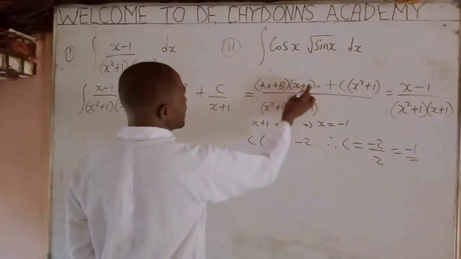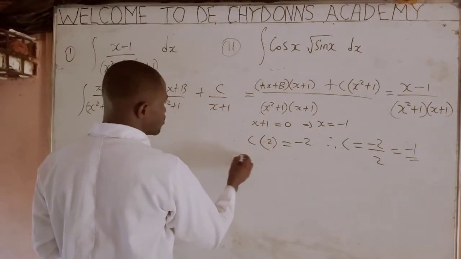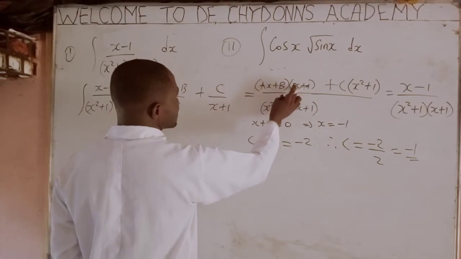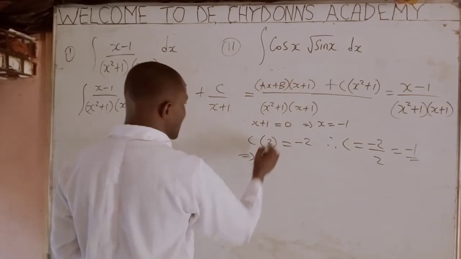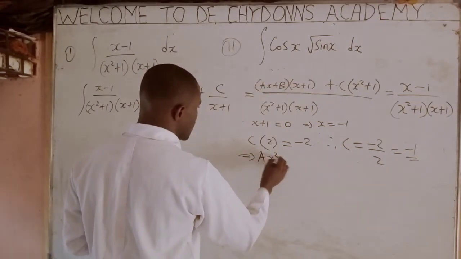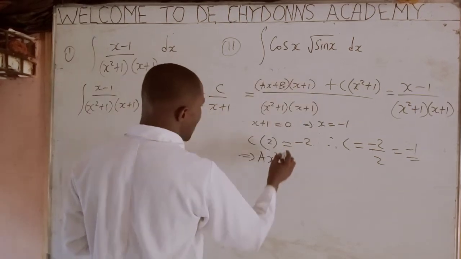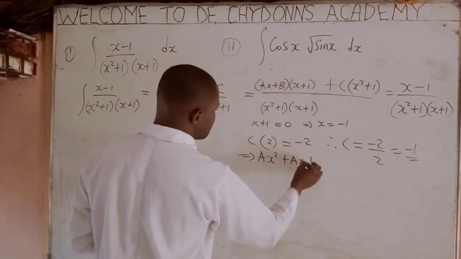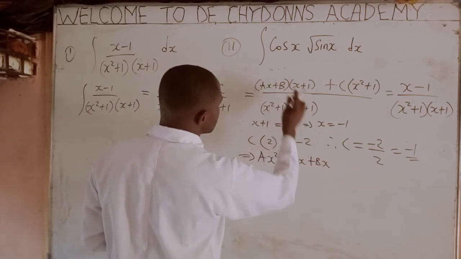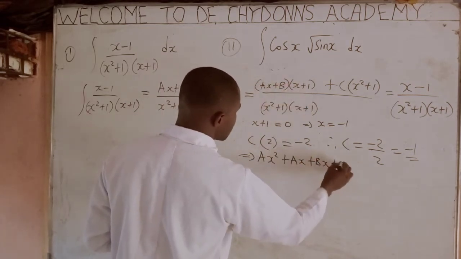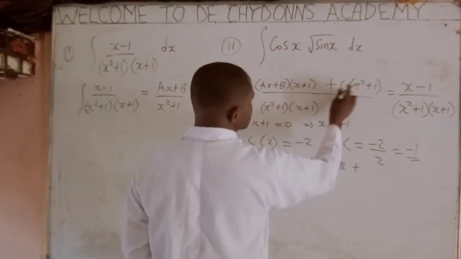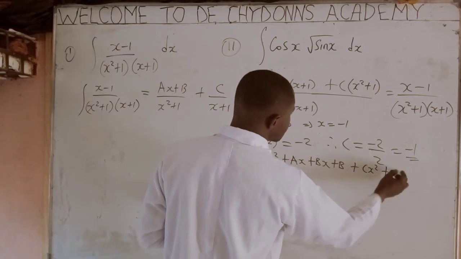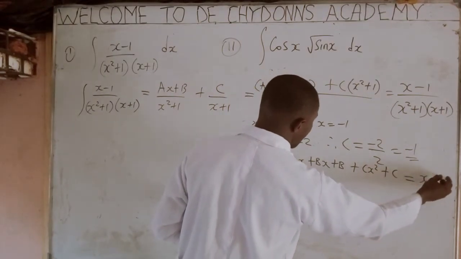Let me expand everything. I'll have ax times x, ax squared, ax times 1, plus ax, b times x, plus bx, b times 1, plus b, plus c times x squared, cx squared, c times 1, plus c, and I say this is equal to x minus 1.